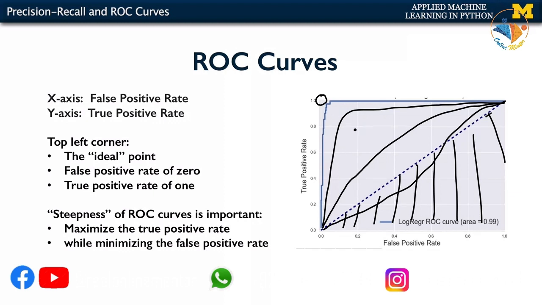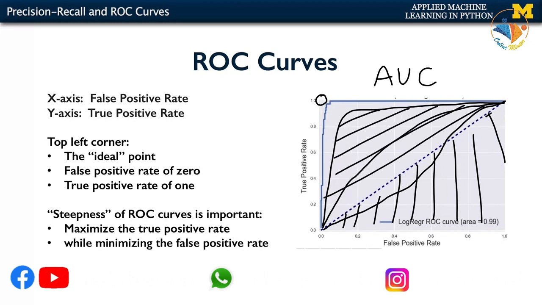So, as we'll see in the next slide, we use something called area under the curve, AUC. That's a single number that measures this total area underneath the ROC curve as a way to summarize a classifier's performance. An AUC of 0 represents a very bad classifier, and an AUC of 1 will represent an optimal classifier.